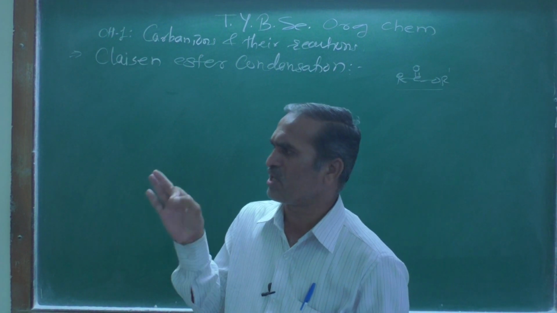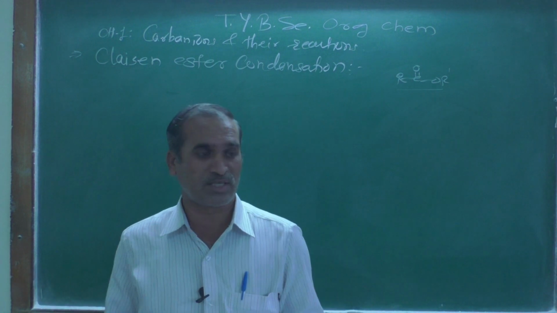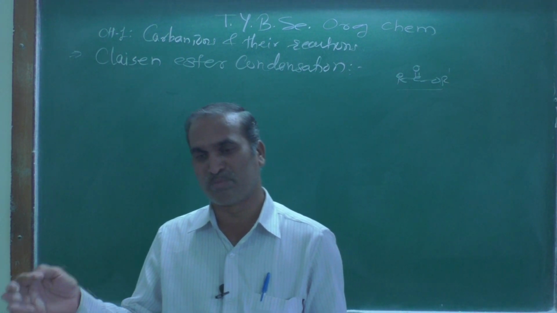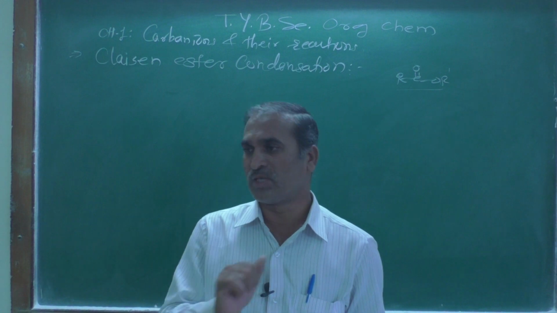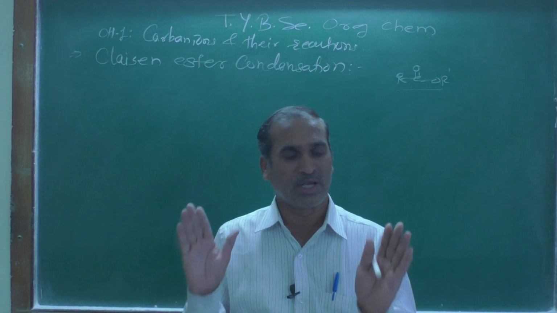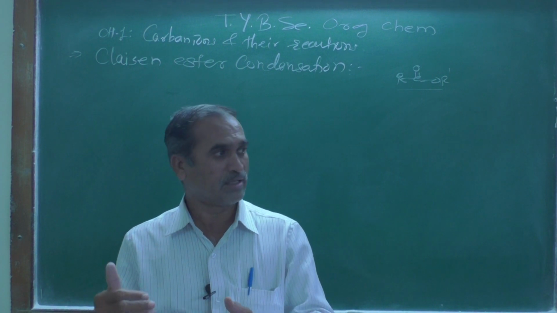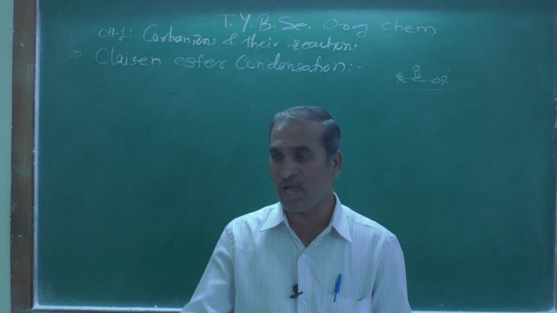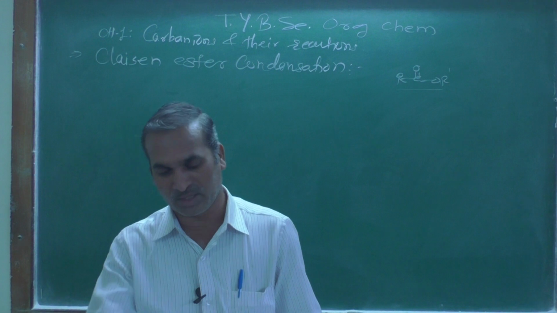This is just like an intramolecular Claisen ester condensation, because Claisen is a scientist's name. He worked out the reaction for the simple and the cross reaction, but the intramolecular reaction was done by another scientist, and therefore that reaction is specifically known as Dickmann cyclization.